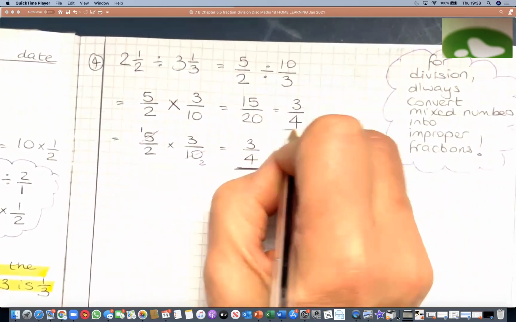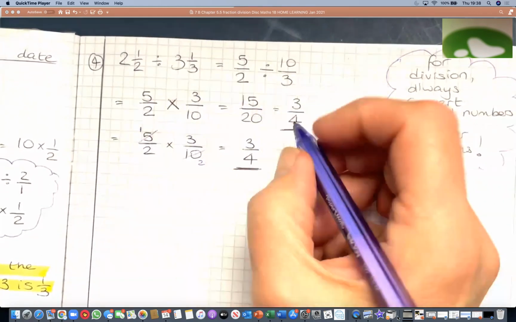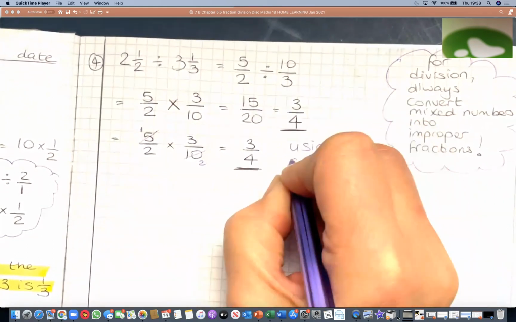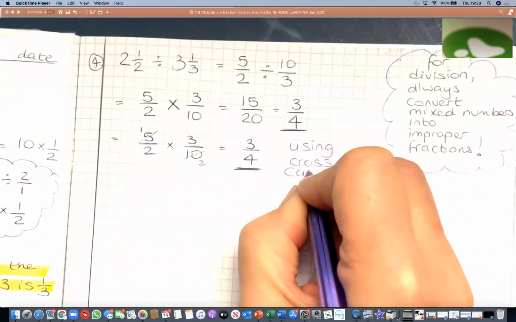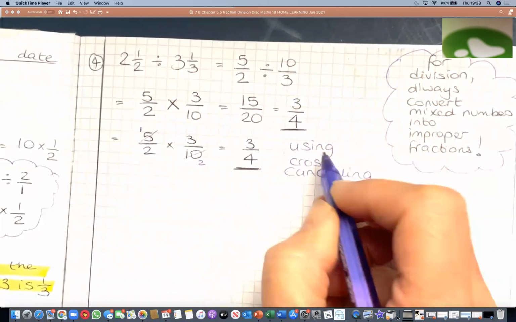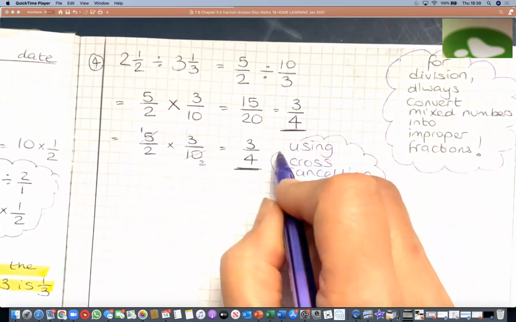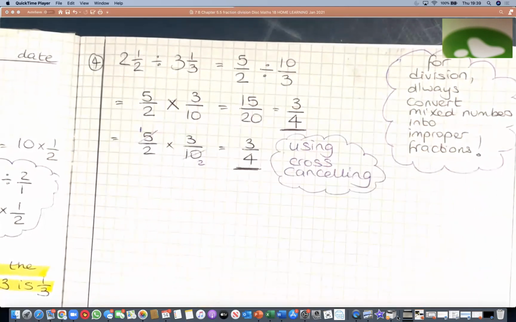I've got the same answer using cross-cancelling. So that's an option if you're comfortable using it.